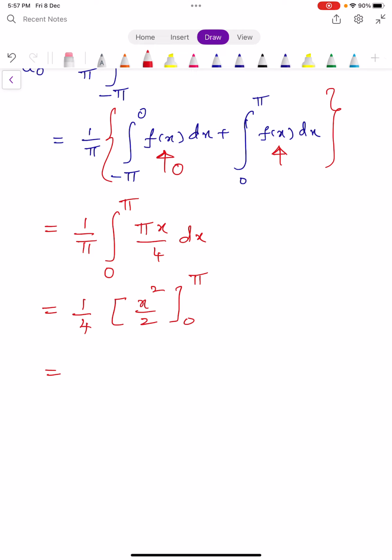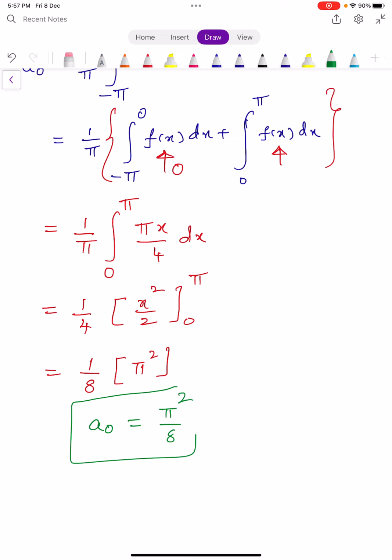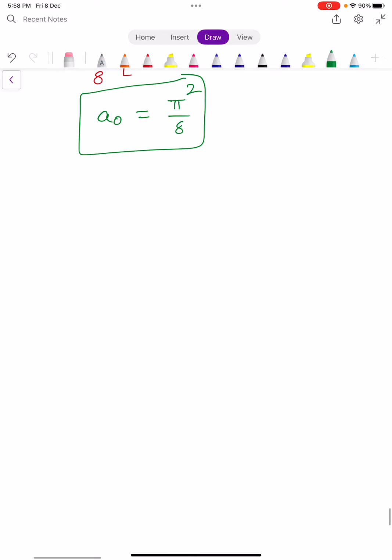What do you get finally? 4 twos are 8, 1 by 8, and for the upper limit only pi square. So the value of the constant a naught equals pi square by 8. That's it. Next we are going to find an.